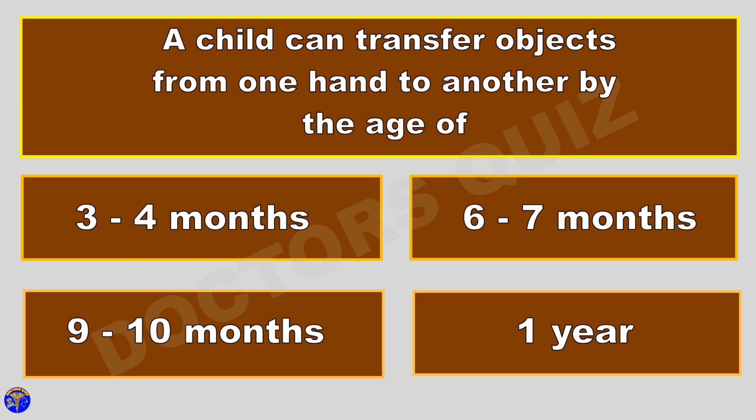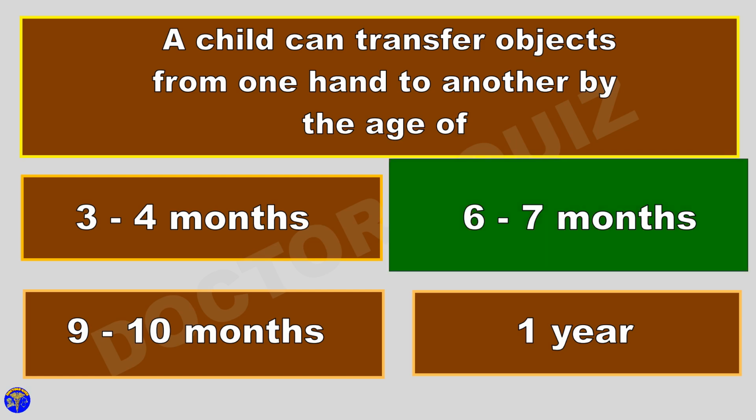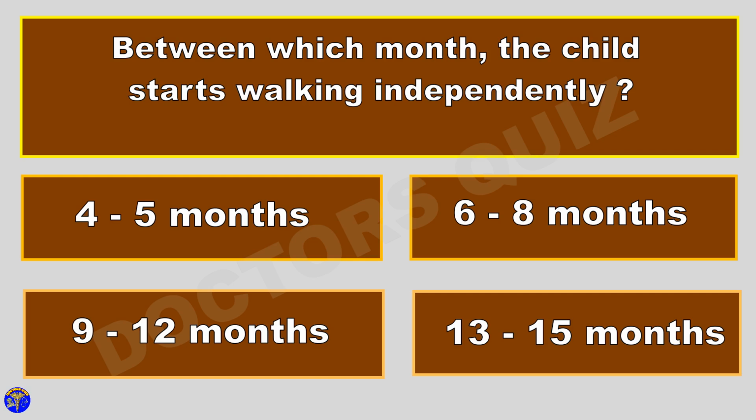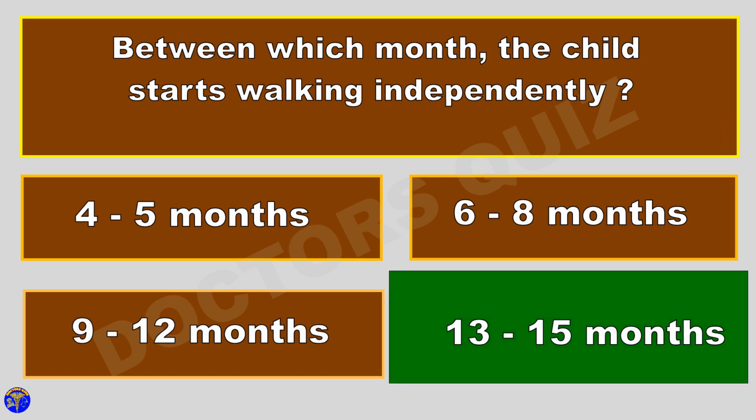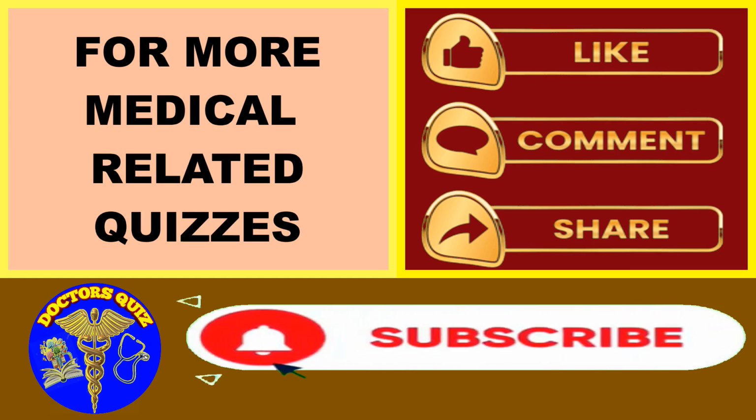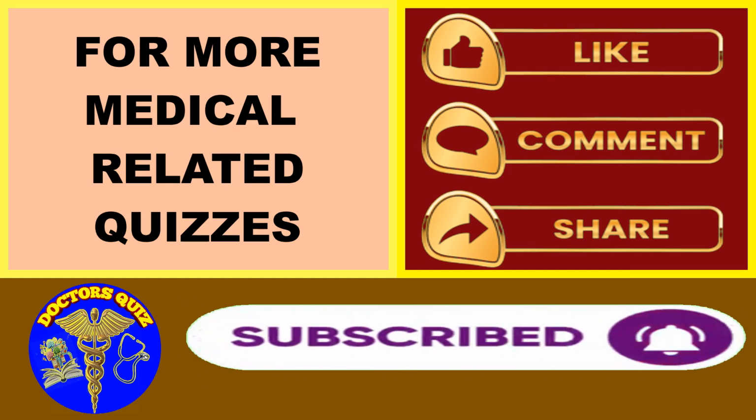A child can transfer objects from one hand to another by the age of 6 to 7 months. Between which months does the child start walking independently? 13 to 15 months.